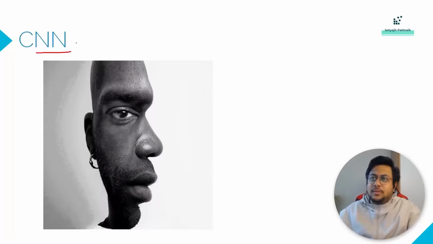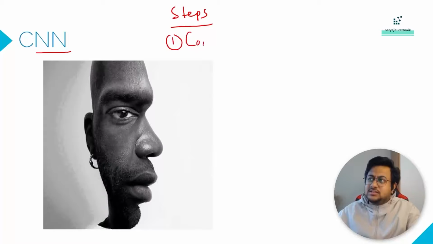Okay, now coming back to CNN. There are majorly 5 steps in CNN. First is convolution. Second is ReLu. Third is pooling.